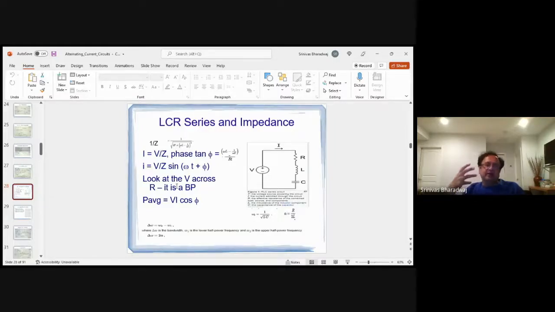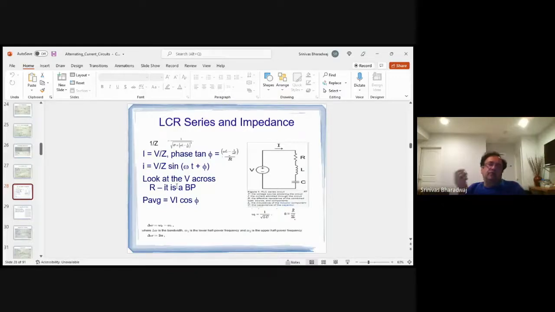At the point at which it goes to zero, the voltage across the resistor will be the highest, because omega L will completely cancel out omega C. If omega L minus omega C goes to zero, then your tan phi will also go to zero. And on top of that, it will be a purely resistive circuit because it's in resonance. That is called a resonance point.